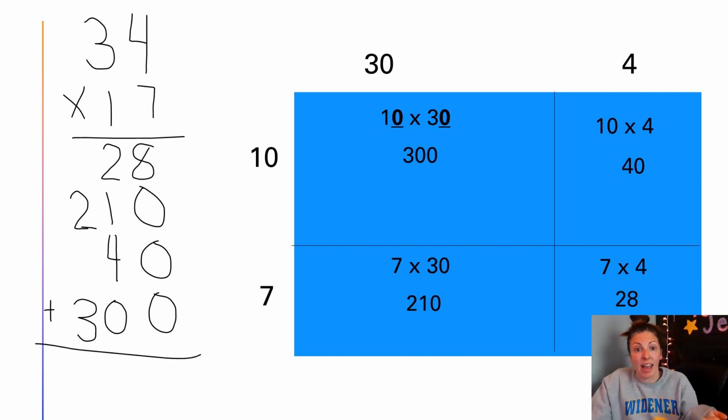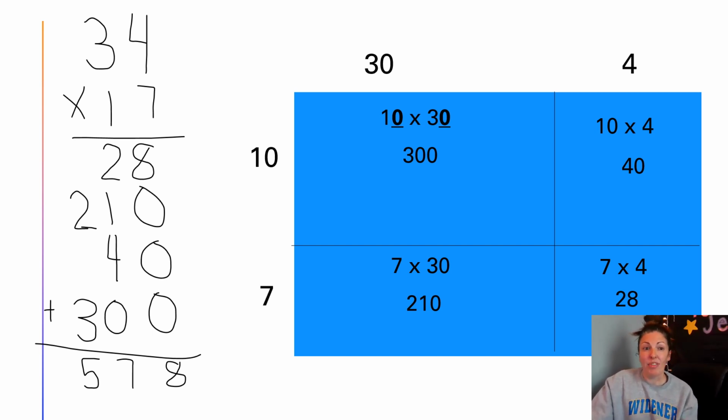Okay, so once I have all 4 of my partial products figured out and added to my standard algorithm, all I do then is add them up. So I take my 28, my 210, my 40, and my 300, and I add them up, starting at my ones place. And when I do that, I get 578.